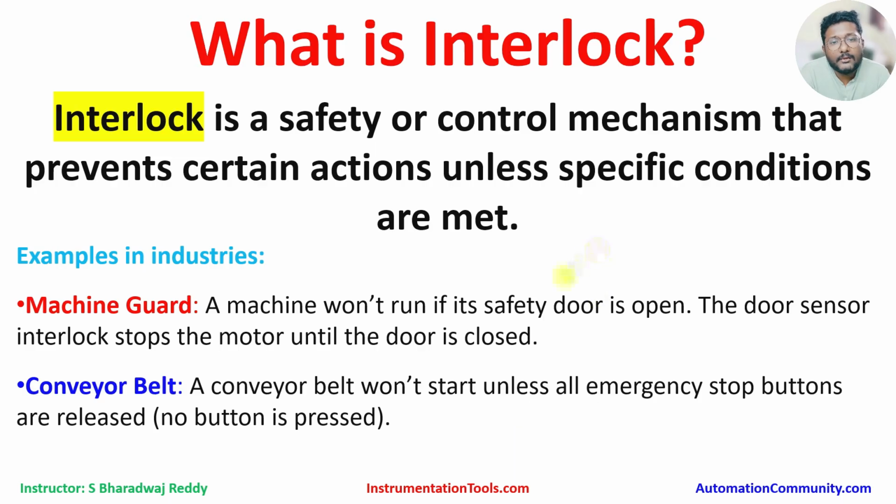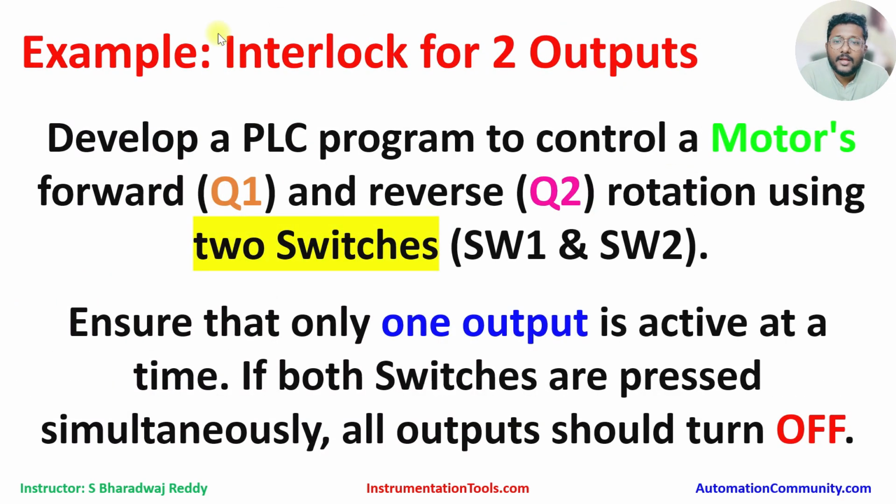This is also one of the basic interlock examples. Now we will discuss one example: interlock for two outputs. Develop a PLC program to control a motor's forward and reverse rotation using two switches, SW1 and SW2.